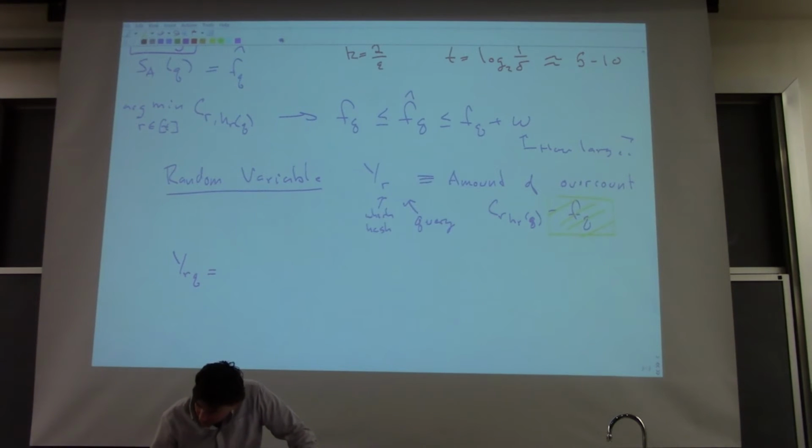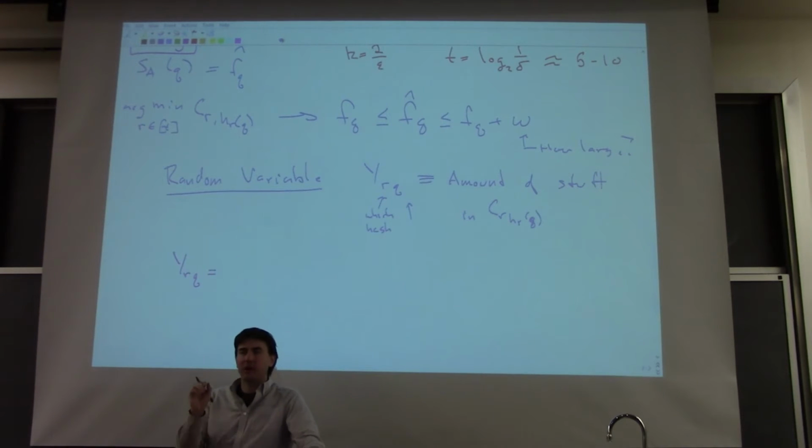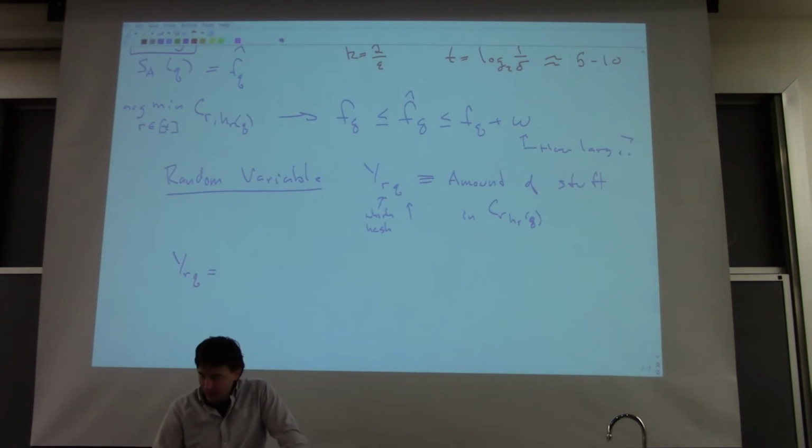Actually, sorry, I want to change this to use j here, so I'm going to look at the j. So the amount of stuff, it's going to include all the counts in here, the effect of all elements in n.